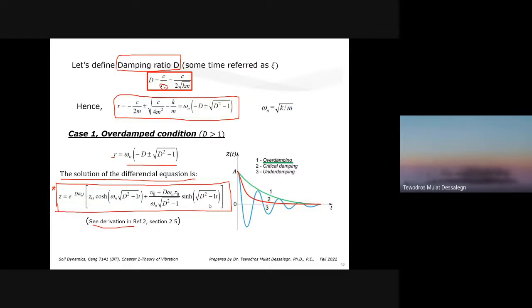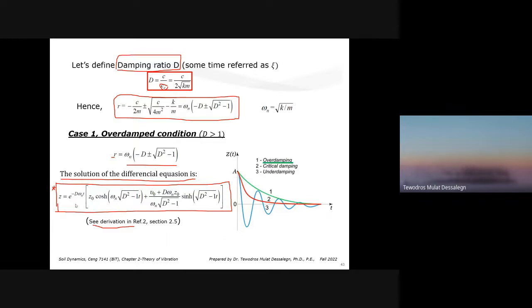Everything else is constant: the damping ratio, the initial velocity, the initial displacement, and even wn is constant because it's a system property. From lab tests or field tests, you can determine the stiffness of the soil and the mass of the block, and then you can compute wn.